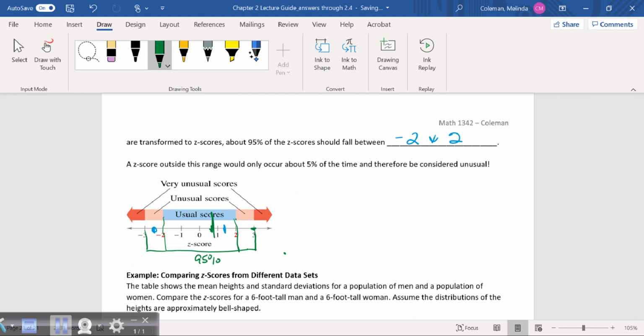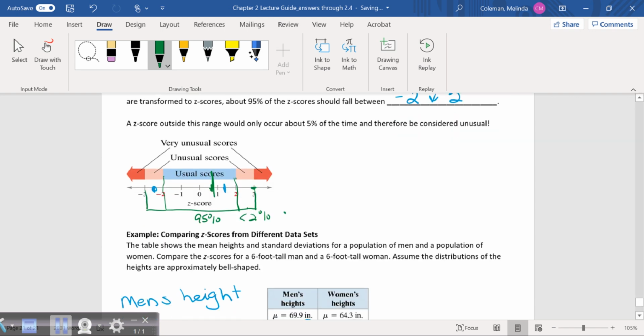So there's going to be very, very few women, less than 2%, that will fall within that standard deviation. Roughly 2.5 if you don't go to quite the 0.8.